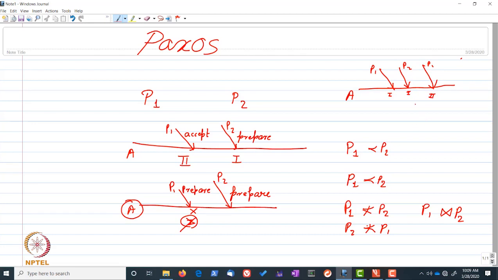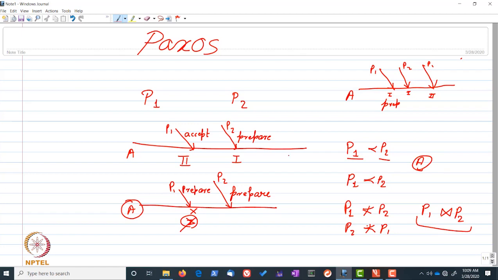So in this case, clearly there is no precedence relationship between P1 and P2, right? Let's say phase 1 is the prepare message for them, and phase 2 is the accept. Clearly in this case, there is no precedence relationship. You can't say that P1 precedes P2 or P2 precedes P1. So P1 and P2 both are concurrent. What we further say is that for two proposals, if they are concurrent at any acceptor, they are just said to be concurrent.